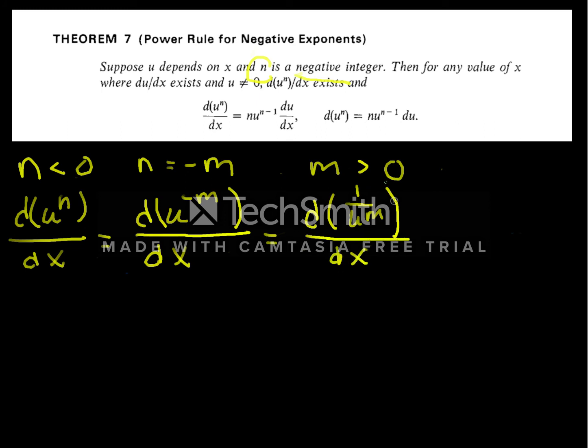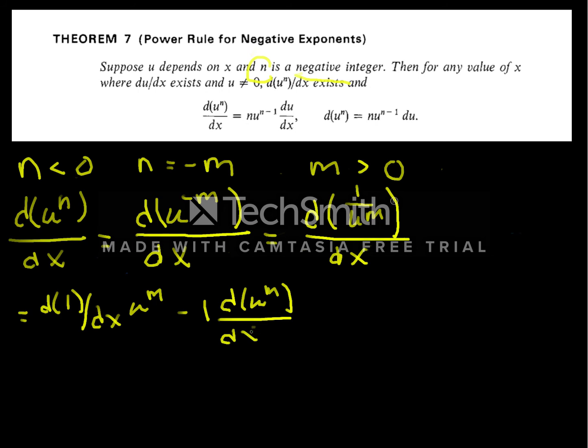And we've got it in a form that's a quotient rule. So using our quotient rule, this is equal to the derivative of 1 with respect to x, times u to the m, minus 1 times the derivative of u to the m with respect to x, all divided by u to the m squared, so u to the 2m.